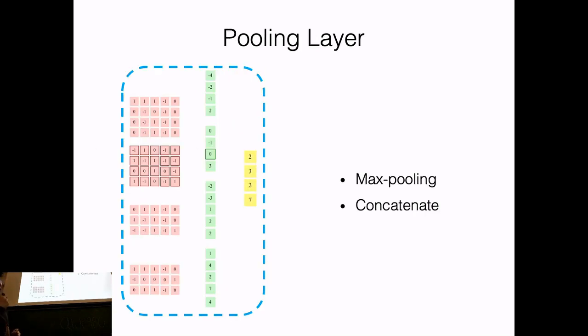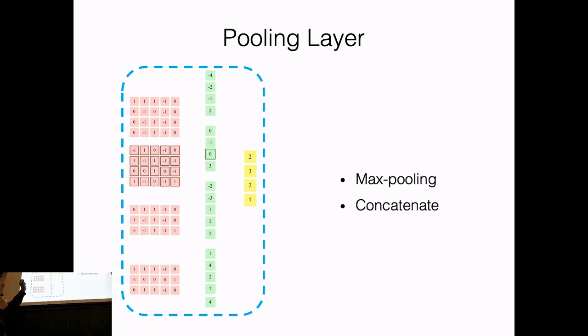As for the pooling layers, I think there is not much to explain. It's very easy. Since we have 4 filters, for each filter we get a corresponding hidden vector, so we have 4 groups of hidden vectors.